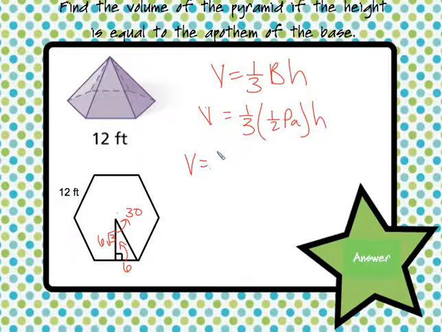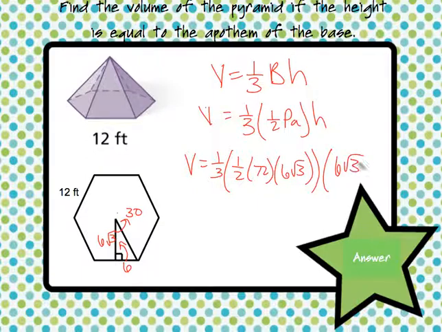Okay, so we have 1/3, oh sorry, 1/2. The perimeter would be 12 times 6, which is 72. The apothem is 6 radical 3. Then it says the height is equal to the apothem of the base, so the height is also 6 radical 3. I guess that's why it didn't say, because those will actually cancel out. So honestly, I would type that entire thing in your calculator.